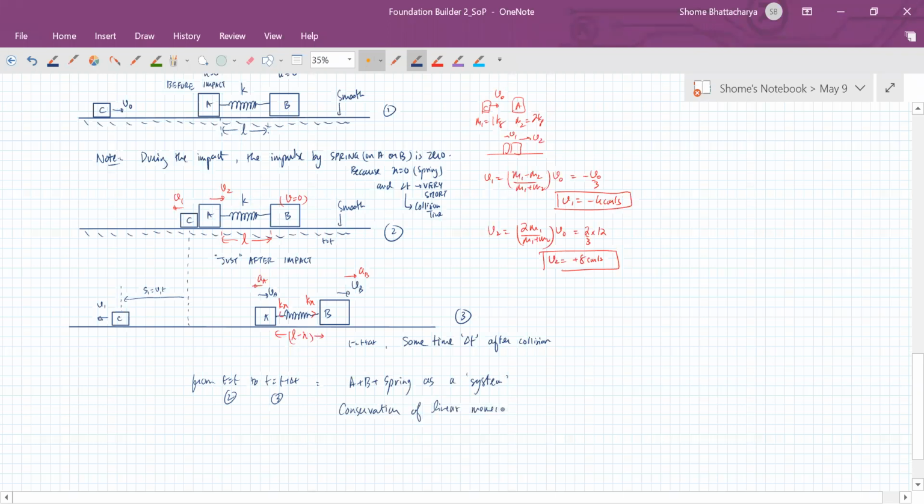Because as you can see in the diagram number 3, there is only internal force acting horizontally. Okay, external forces are 0. Net external force is 0.